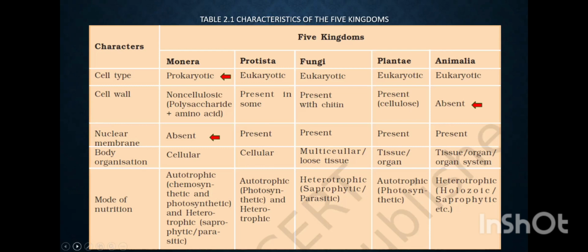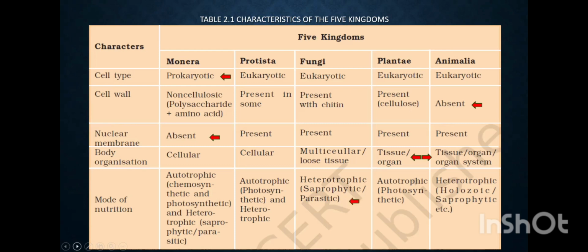So what about the body organization? Monera and Protista are unicellular. Fungi, Plantae, and Animalia are multicellular. Various cells form tissues and organs in Plantae as well as in Animalia. In Animalia, even organ systems are produced.